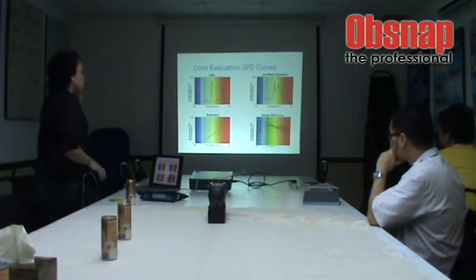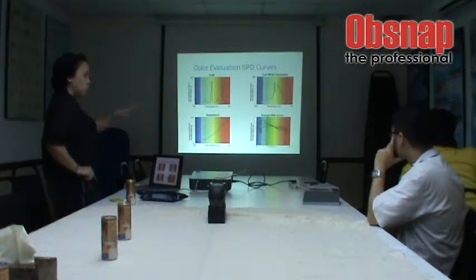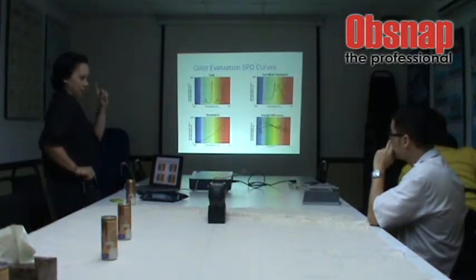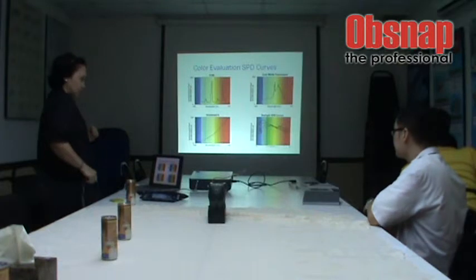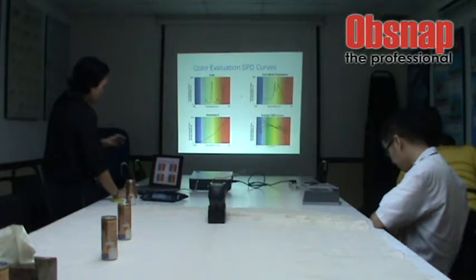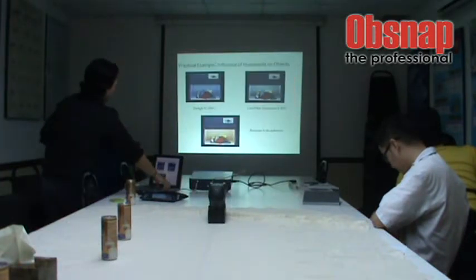If you are a marketing person and want to present your product, light plays a very important role in selling it, because all this light emits specific energy that will enhance your product. That's why this is very important in color science.